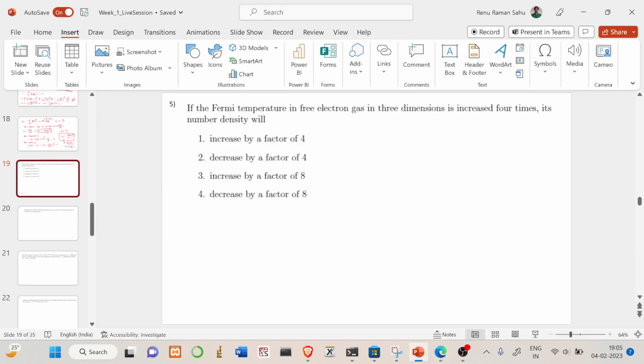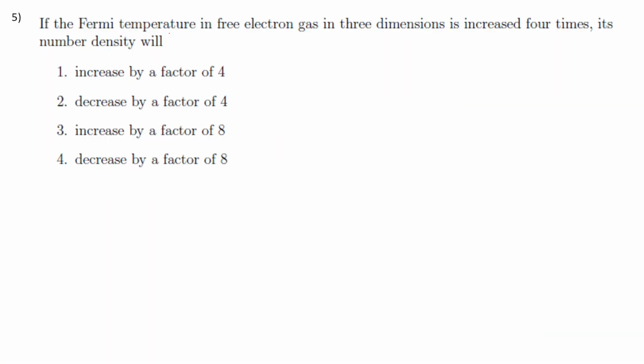So this question is related to the previous explanation that I gave. If the Fermi temperature of the free electron gas in 3 dimensions is increased 4 times, so Fermi temperature is what? kB TF is defined as EF, the Fermi energy, and we derived that the Fermi energy is nothing but ħ² over 2m and (3π² n) to the power 2 by 3.